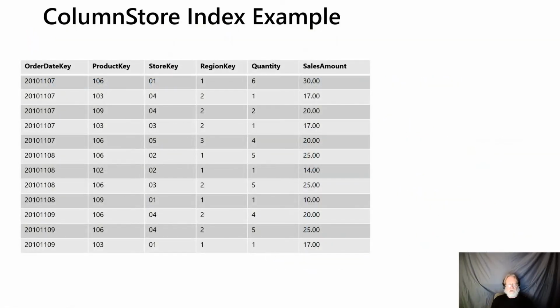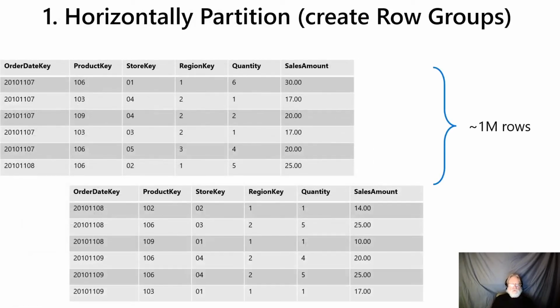So this is an example to make it a little bit more concrete. We have a table here: order date key, product key, store key, region key, quantity, and then sales amount. That's fairly familiar. We break them into row groups of about 1 million rows, give or take. It's not going to be exact, but it's about 1 million rows.